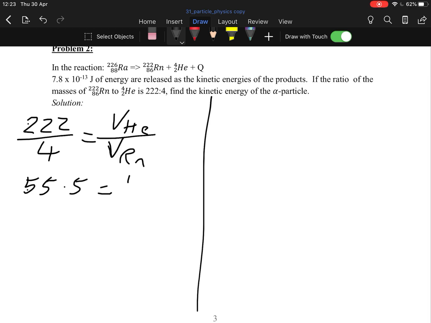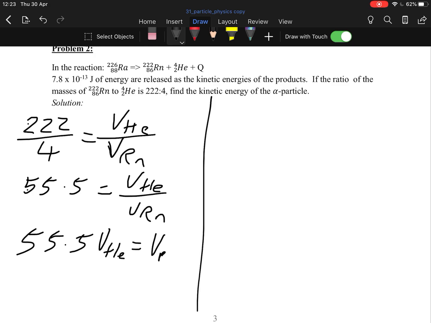55.5 equals, in other words, 55.5 of the helium is equal to, all right? So in other words, 55.5 goes to the speed of the larger of the two. No, sorry, I'm wrong, yeah.